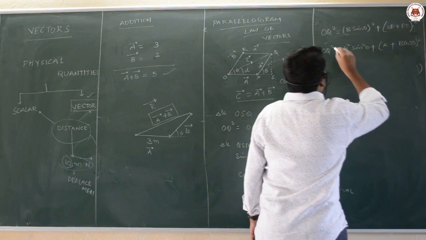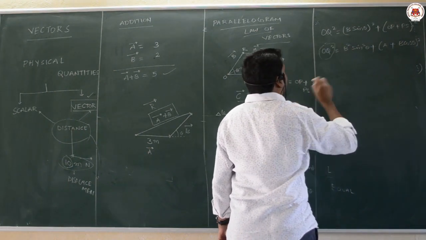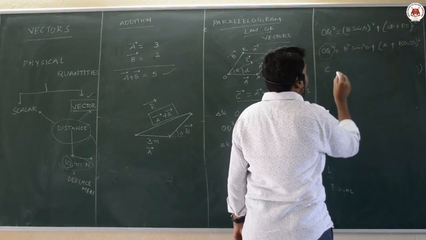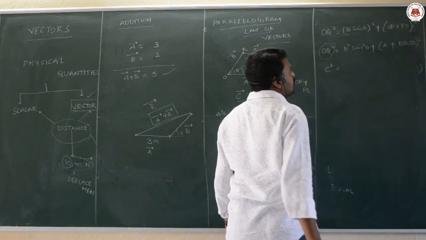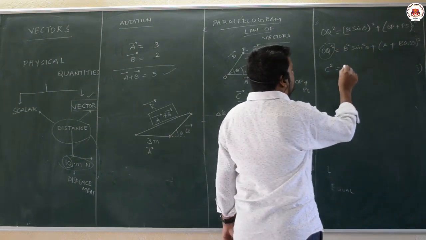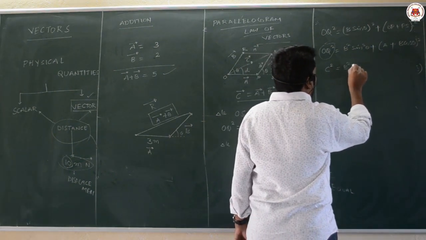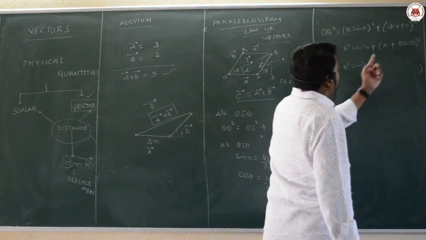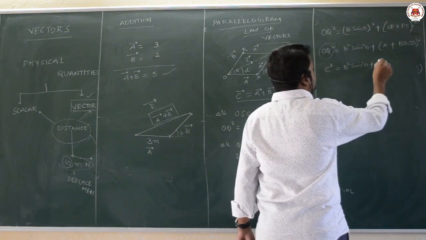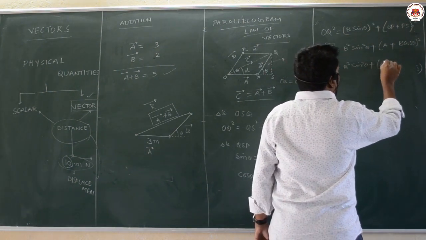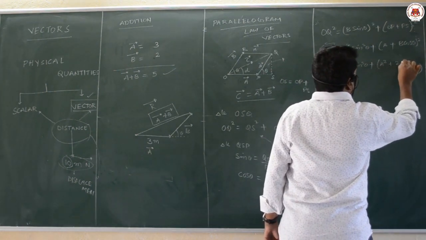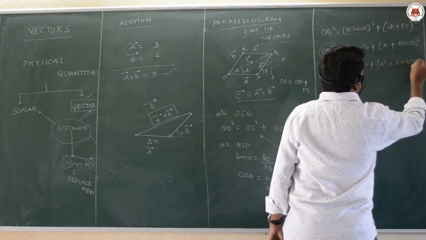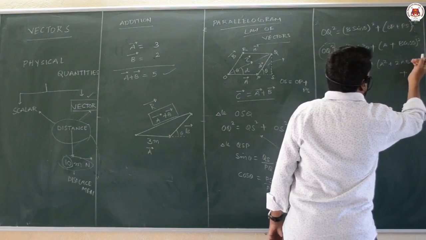Now this OQ is nothing but the diagonal. I took it as C. So C square is equal to B square sin square theta plus, this is in the form of A plus B whole square, so this is A square plus 2AB cos theta plus B square cos square theta.